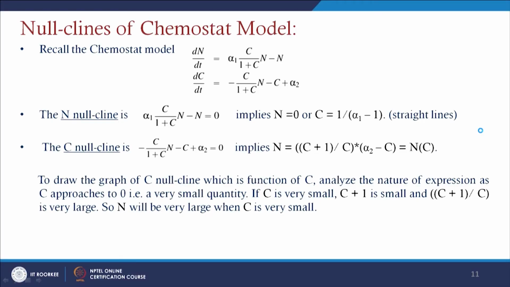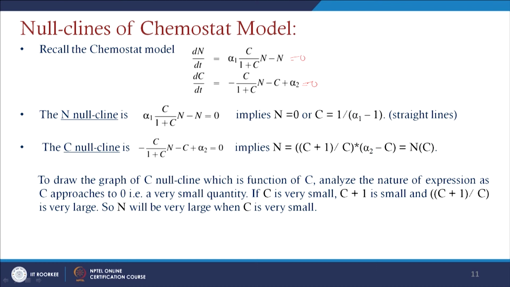And if we go for the analysis of the nullline function for the chemostat model here, this chemostat model is represented as dn by dt equals to alpha 1 c by 1 plus c n minus n here, and dc by dt, which is represented as minus c by 1 plus c n minus c plus alpha 2. Already we have defined this chemostat model in the earlier lectures. And if we go for the nullline function here, we put dn by dt equals to 0 and dc by dt equals to 0 here.